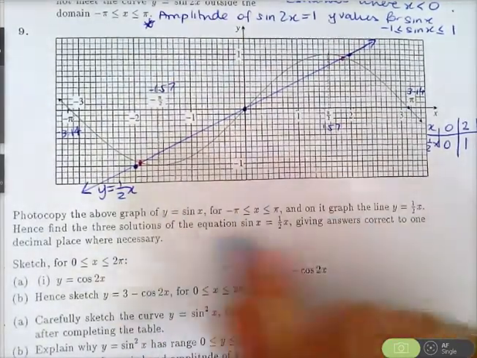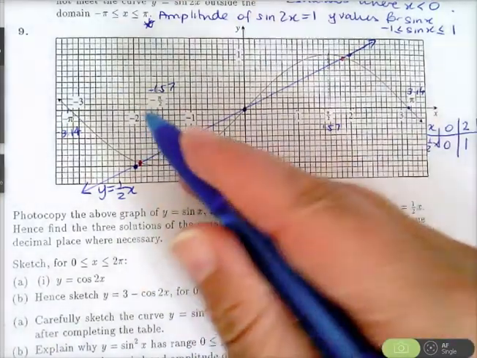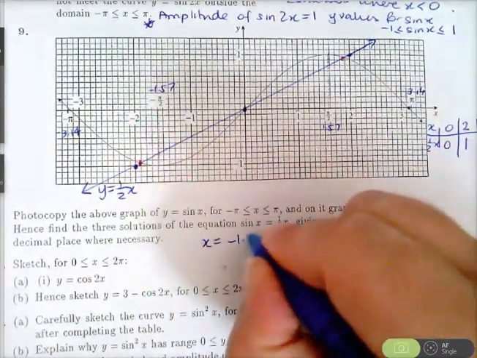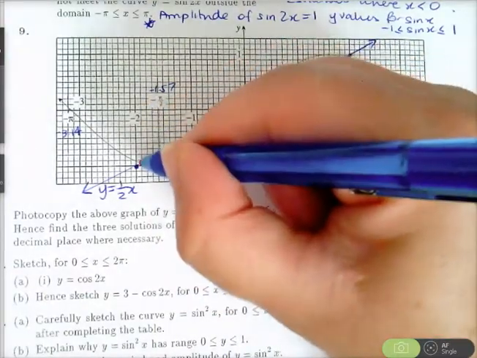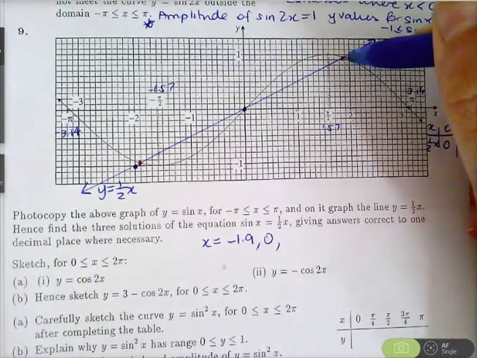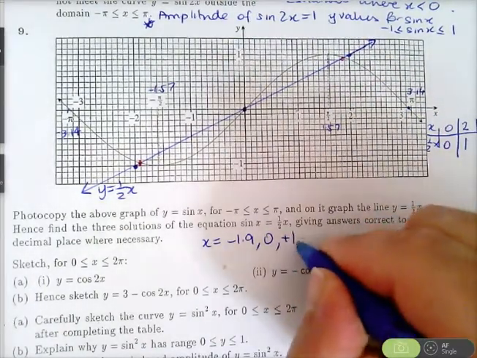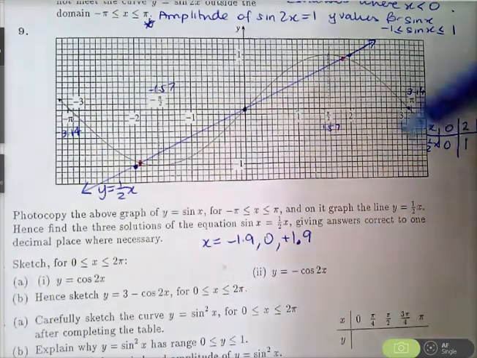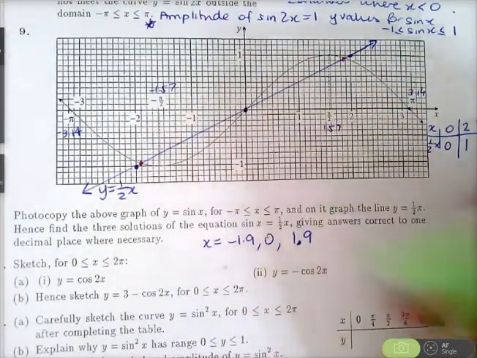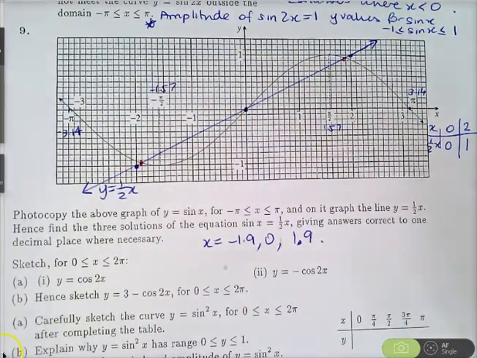So the solutions are x is, well, to me it looks like negative 1.9, the x value here. Here we've got x is 0, and here it's approximately x is positive 1.9. Okay, I can just write 1.9 instead of positive 1.9, and that's giving the answers to 1 decimal place.